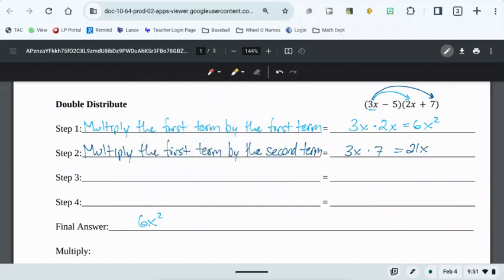All right, let's go to step 3, which is we're going to now go from the first term. We're going to multiply the second term by the first term. So we take -5. We're going to multiply it by 2x. So -5 times 2x. And that equals -10x.